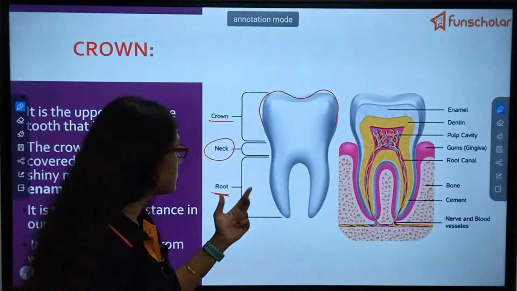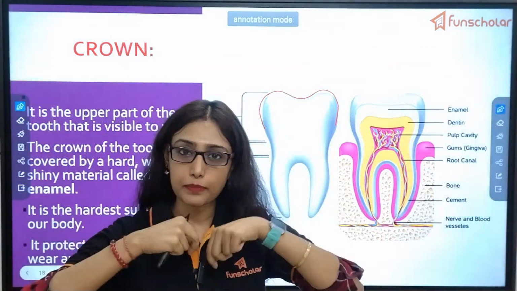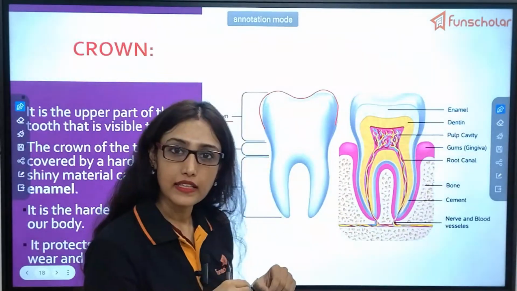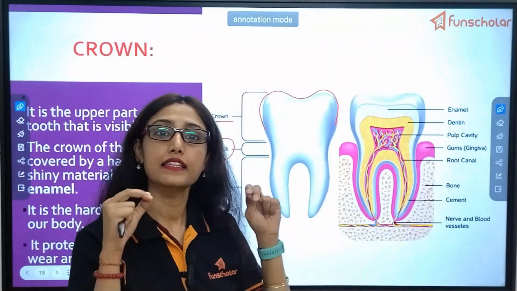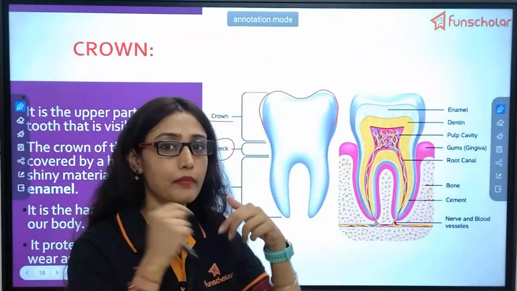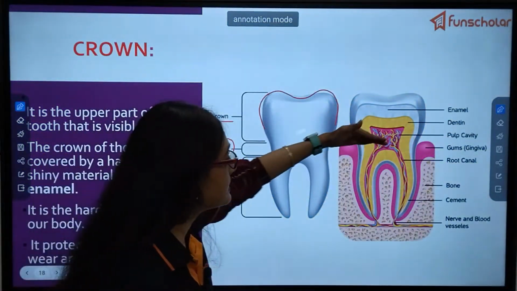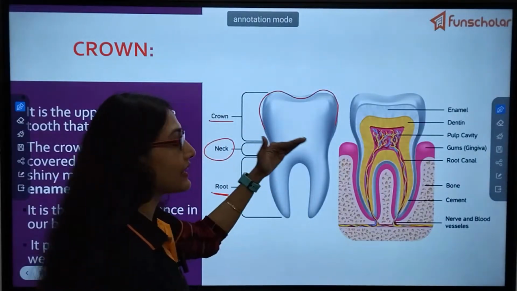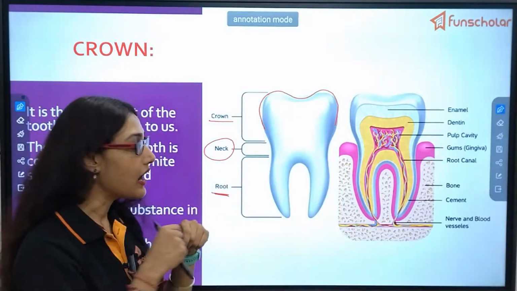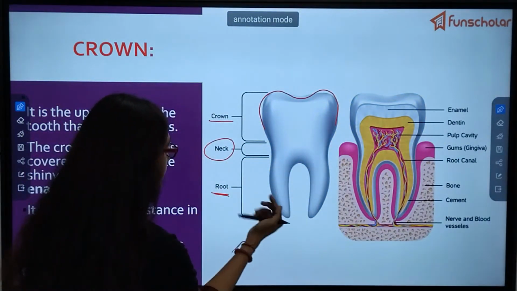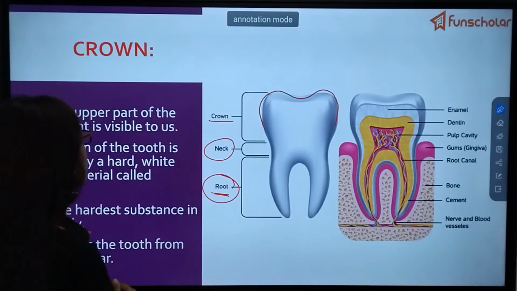And what is root? The embedded part of the tooth that remains inside the gum and is not visible to us. That is why this part is known as the root of the tooth.